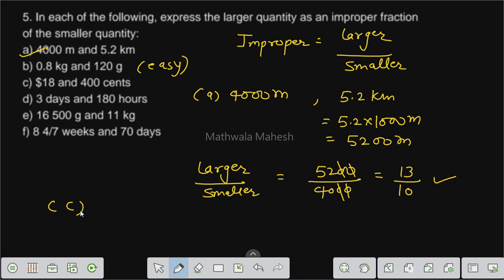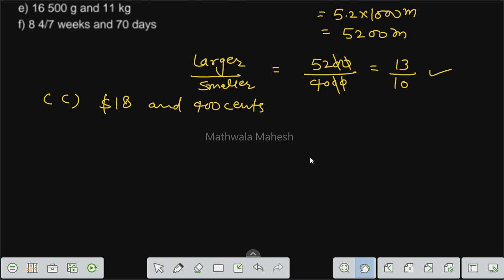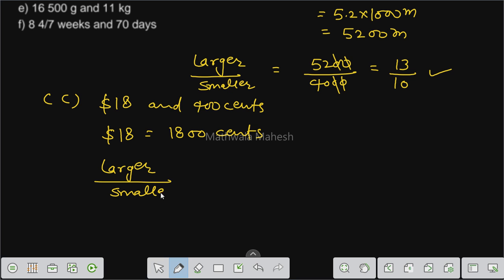C option is $18 and 400 cents. $18 means 1800 cents. So the fraction is larger upon smaller.